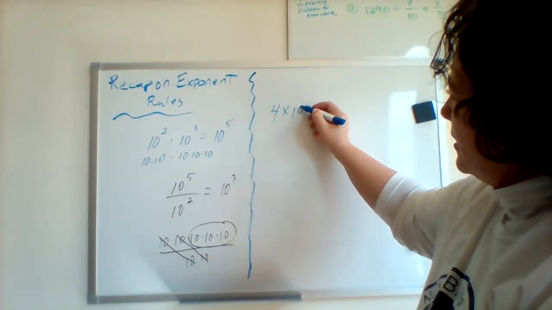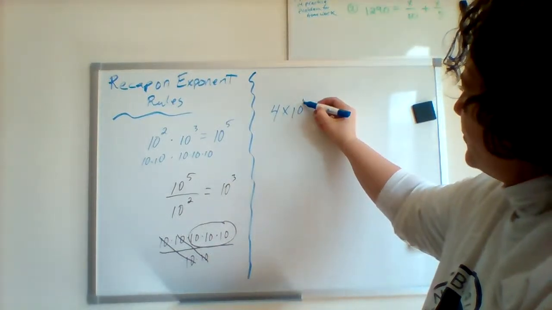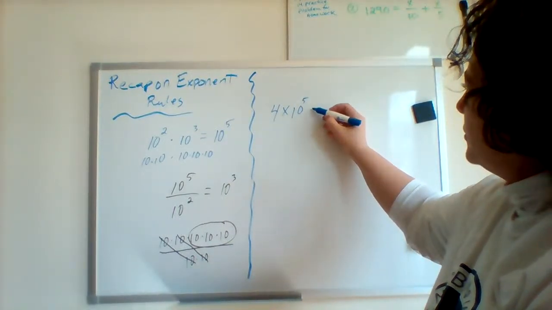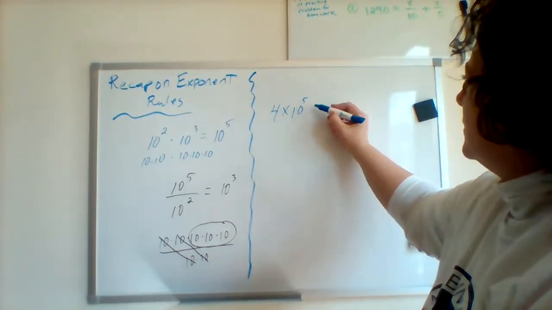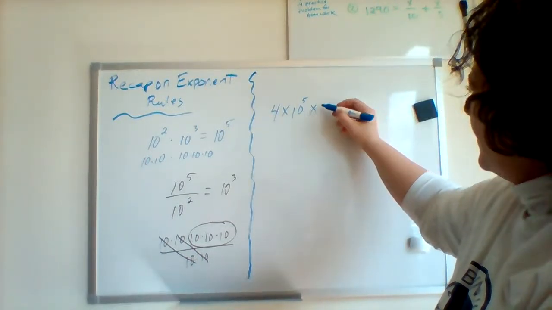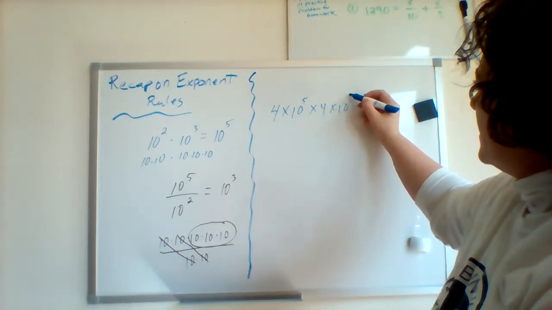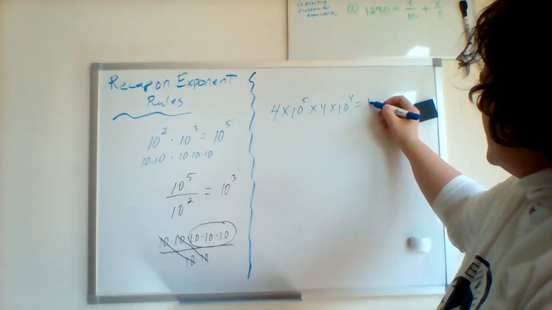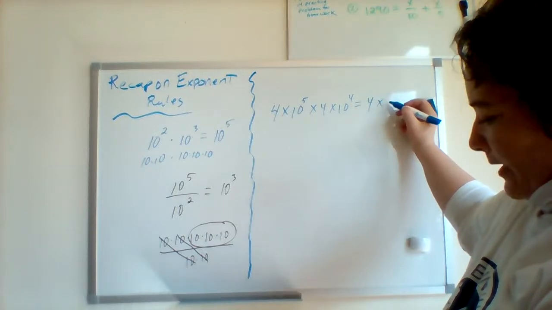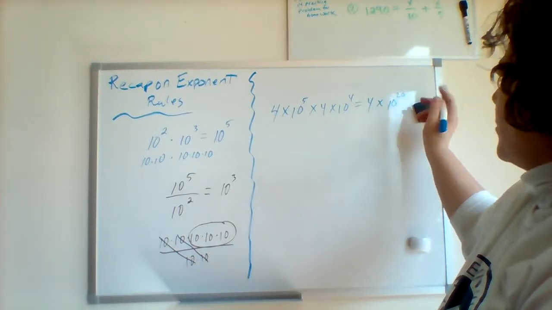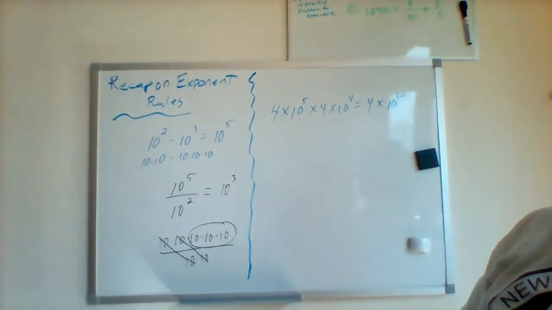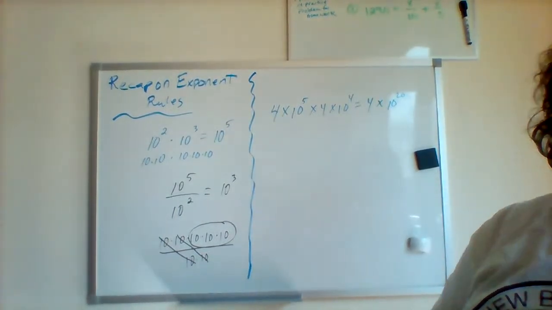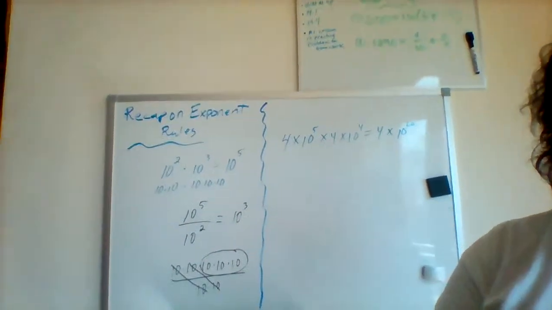If I have 4 times 10 to the 5th power, and I want to multiply it by 4 times 10 to the 4th power, is the answer going to be 4 times 10 to the 20th? And I'll zoom in for you guys. I want you to decide, is that true or false?